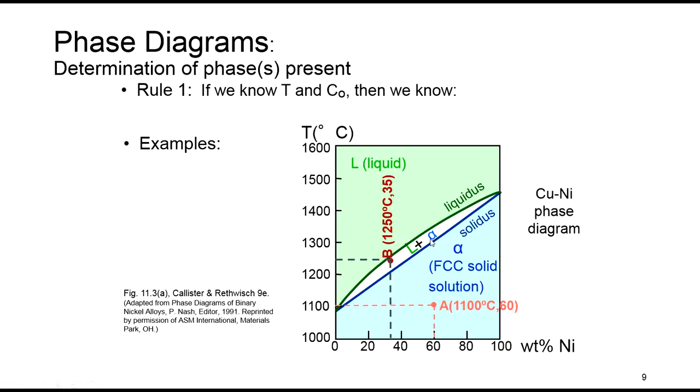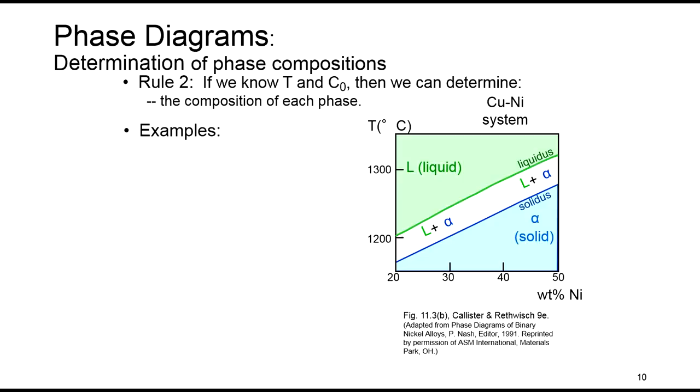The second rule in the determination of phase composition tells that if we know temperature and composition, then we can determine the composition of each of these phases.